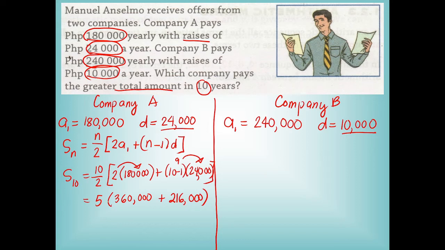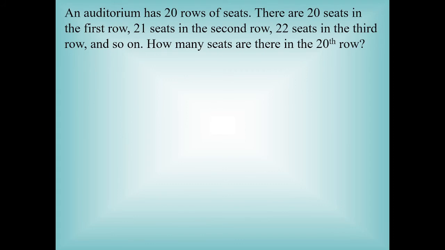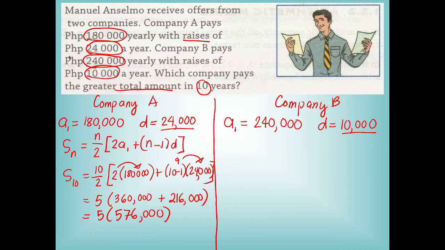Okay, you add 216,000 and 360,000. 576,000. Multiply that by 5. 2,880,000. This is company A.